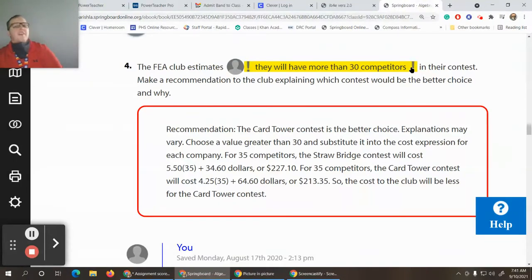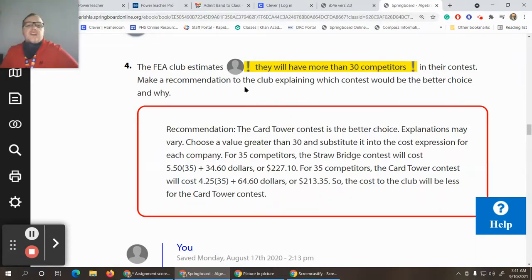What does that 30 now mean for us? Hey, that's good for them. That means more money for them. But what does that mean for us? What just changed? The number of competitors. And what stands for the number of competitors? X. So what just changed? X. Okay, very good. X just changed.